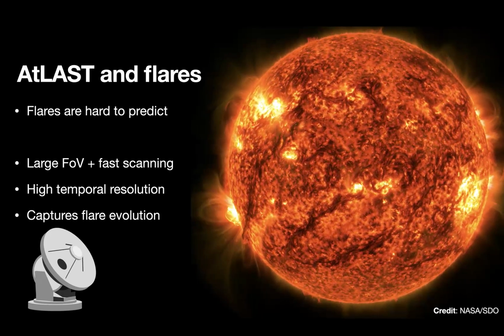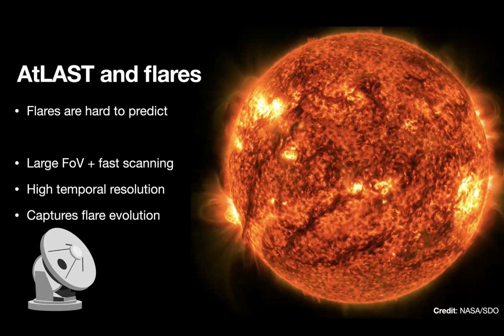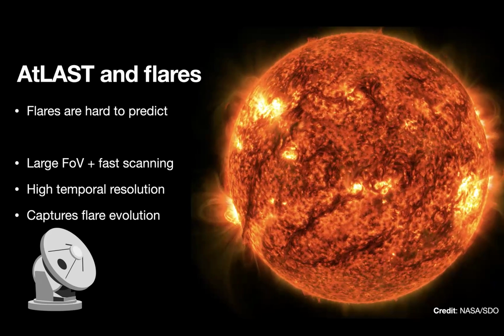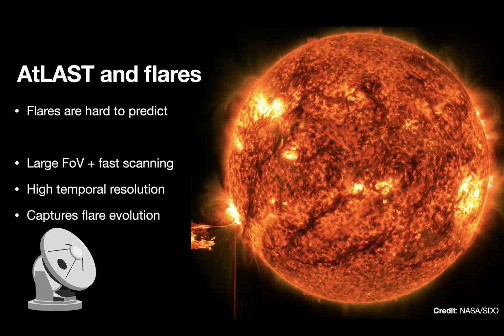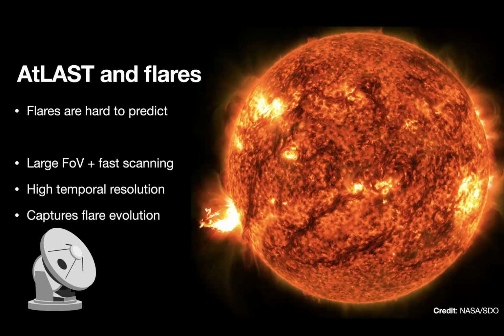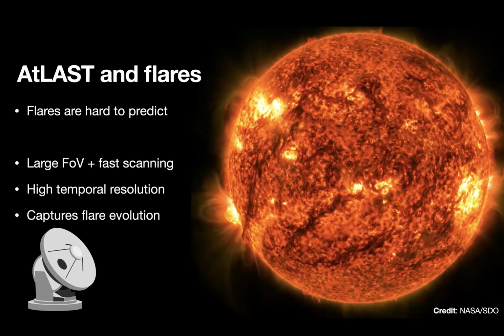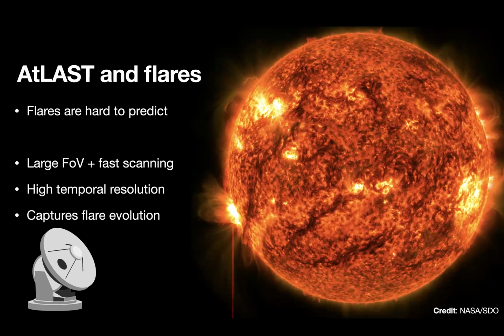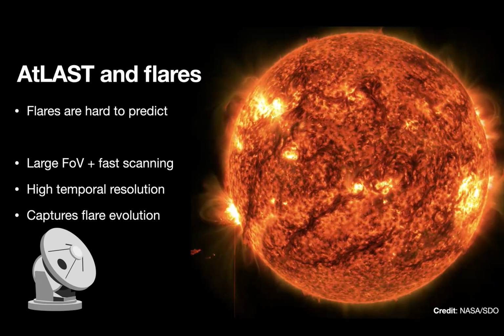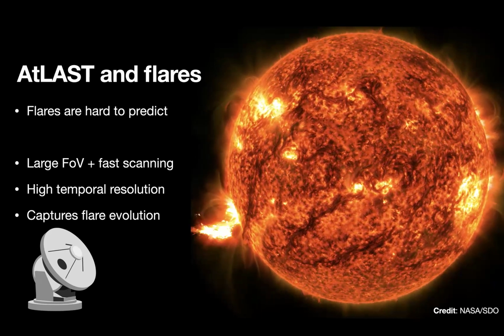And if you have a scheduled 1 hour AtLAST observation covering the full disk, you would capture all the flares that would go off in that time window, assuming they are above the sensitivity limit of the telescope and that you can resolve them. So AtLAST would really be great for capturing all the phases of a flare, as you would not lose out on even its initial phases.